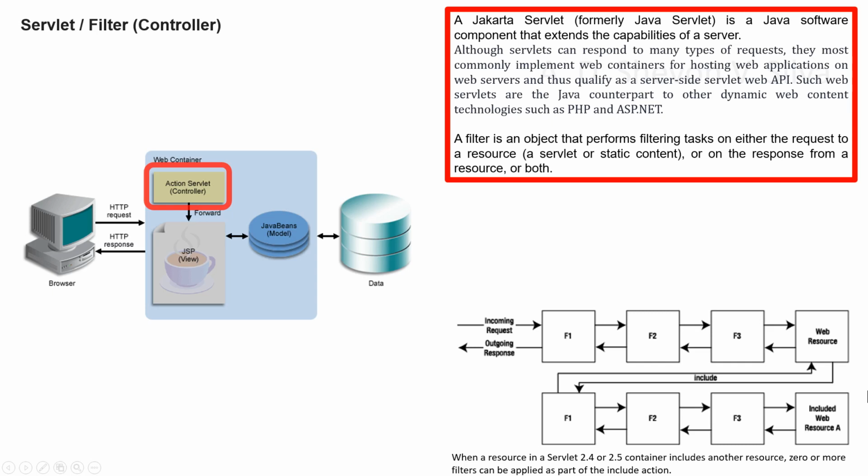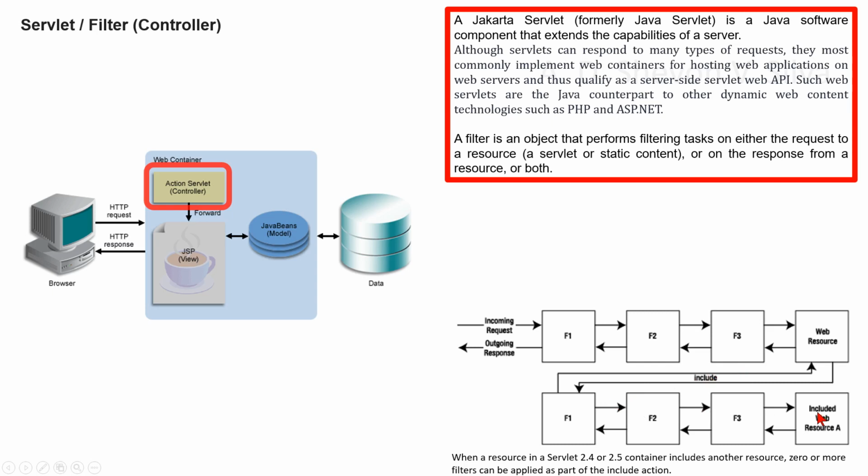The dispatcher element of the filter mapping allows you to specify that filtering is to be performed on regular request dispatch, as well as when the request dispatch is called to include additional web resources. This figure illustrates the action of the filter mapping on the included web resources.